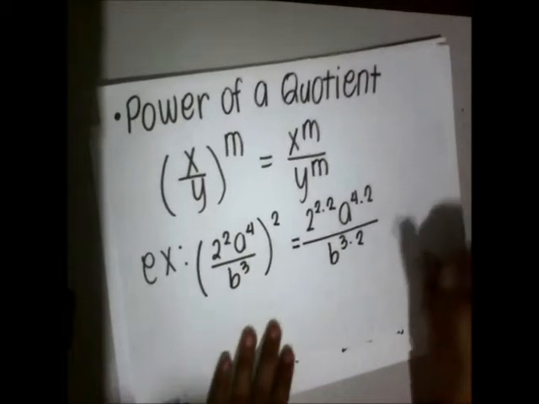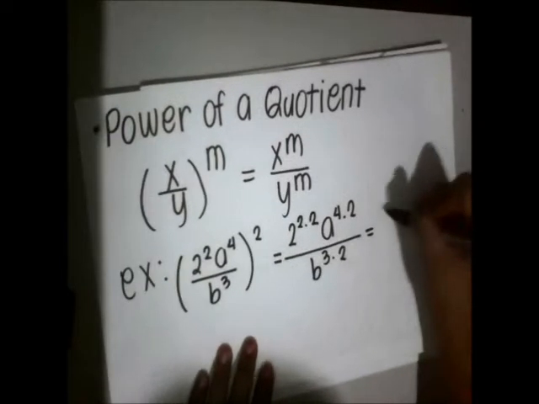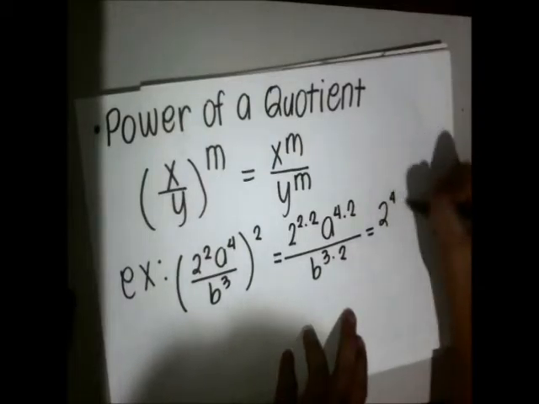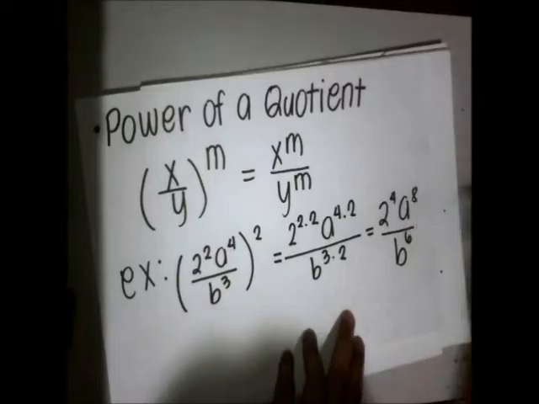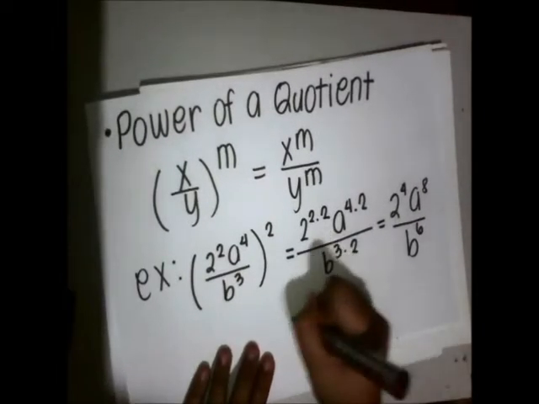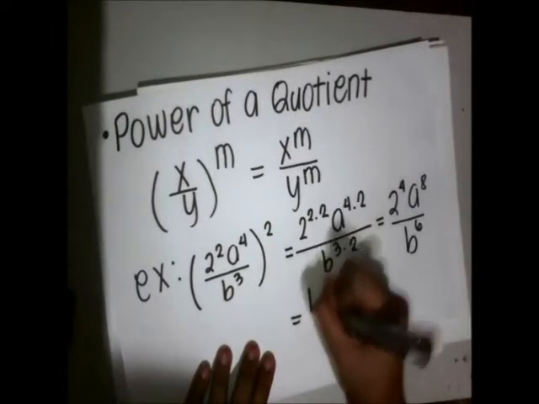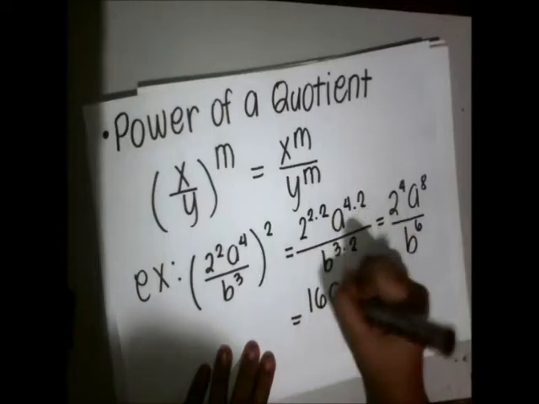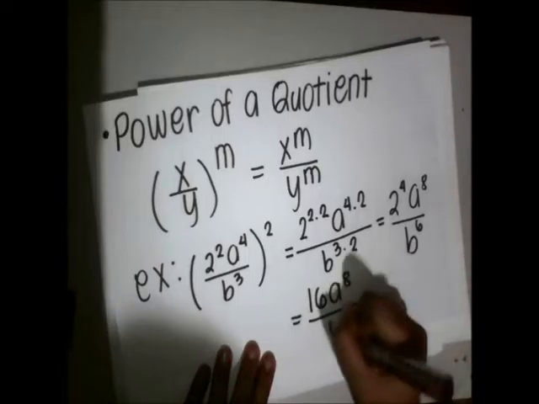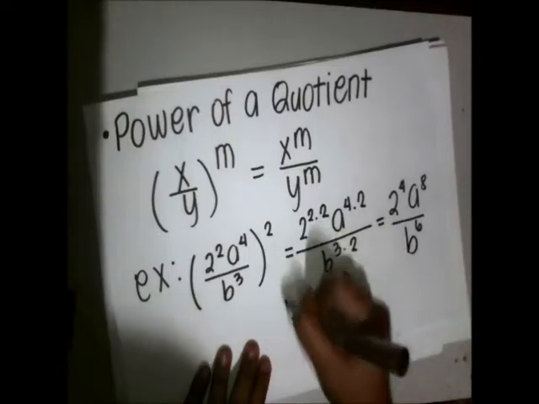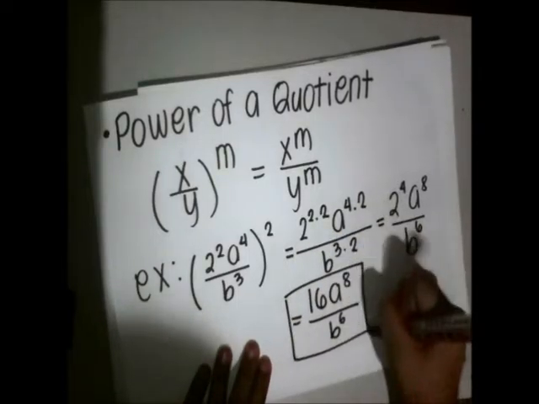So simplify the following. We have 2 raised to the 4th power, a raised to 8 over b raised to 6th power. Then after that, use the definition of the exponent. So therefore, our answer is 16 times a raised to 8th power over b raised to 6th power.